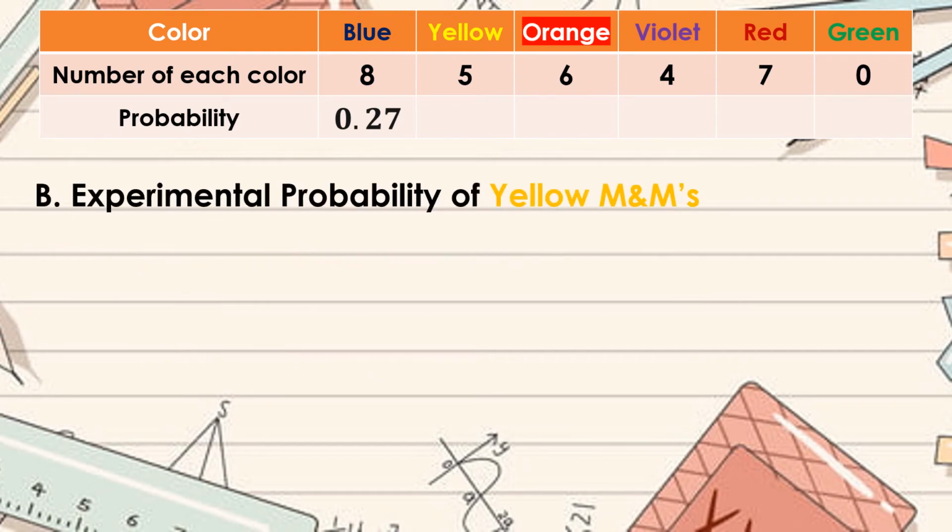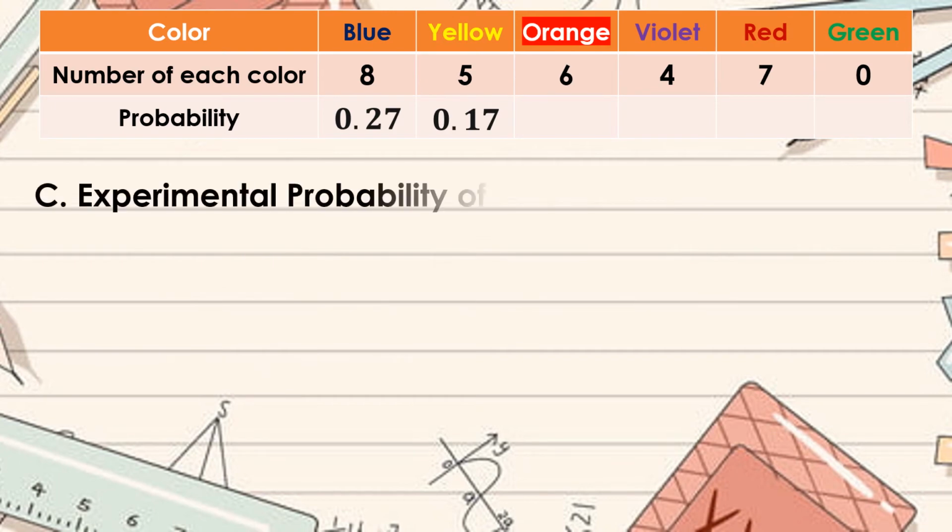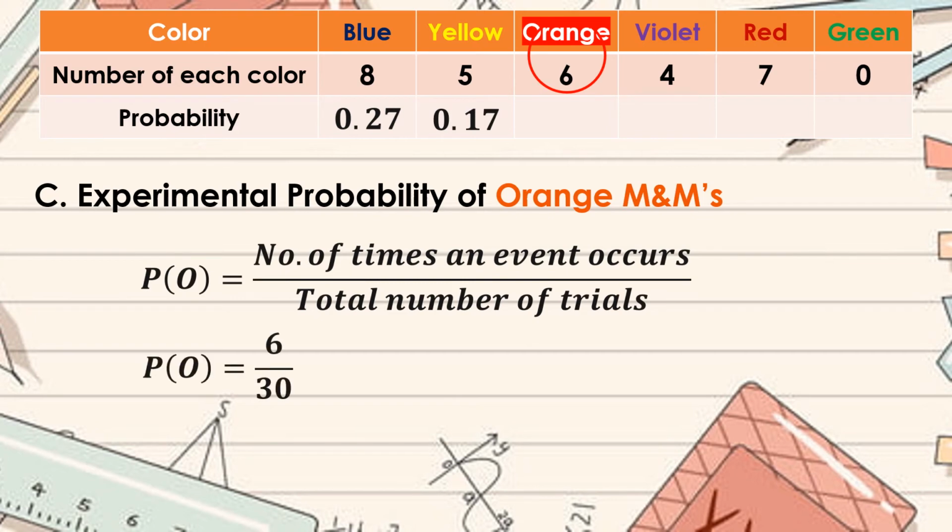For the experimental probability of yellow M&Ms, 5 yan. So, ang ating numerator ay magiging 5. Same, para makuha si 30, add ulit natin lahat. Then, simplify. 5 divided by 30 is 0.17 or 17%. For the experimental probability of orange M&M, same process. 6 over 30 is 0.20. So, the probability is 20%.